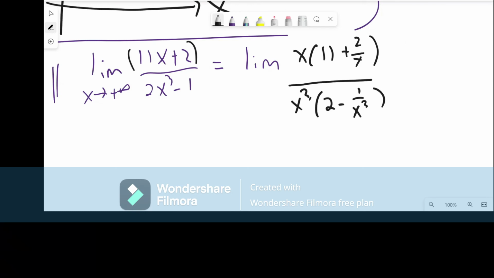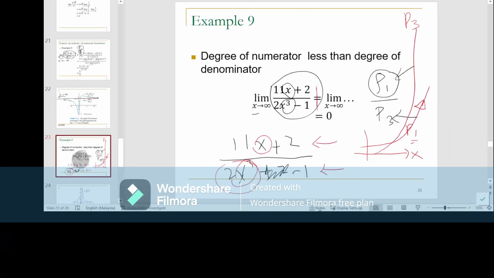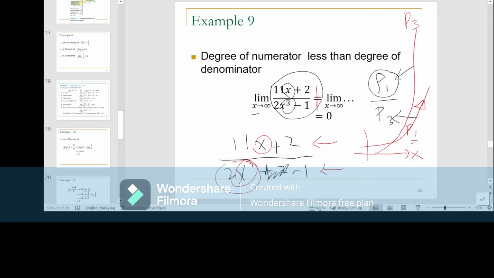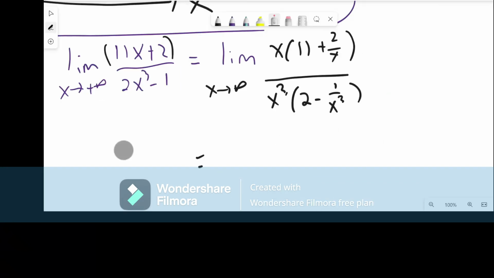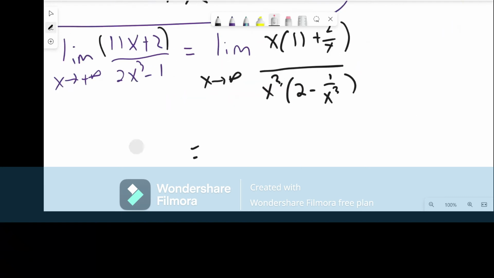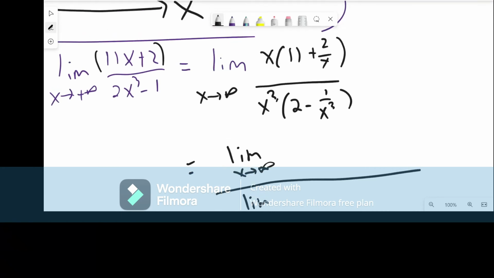So here you can continue to write down, with x going to infinity, the next line of the equation by using the theorem we have just discussed, theorem number 8. We are going to use first the quotient rule. The quotient rule says this equals the limit as x goes to infinity of the upstairs divided by the limit as x goes to infinity of the downstairs.